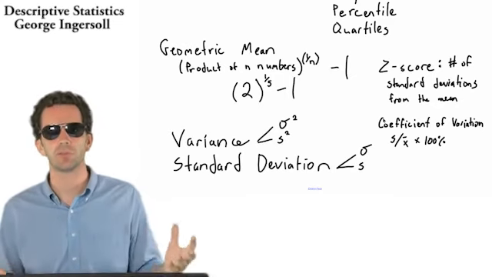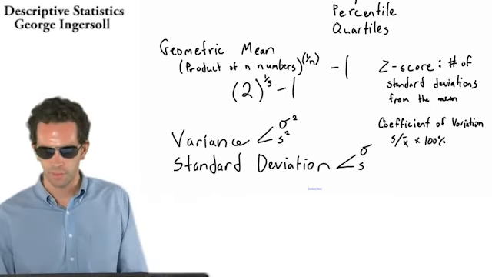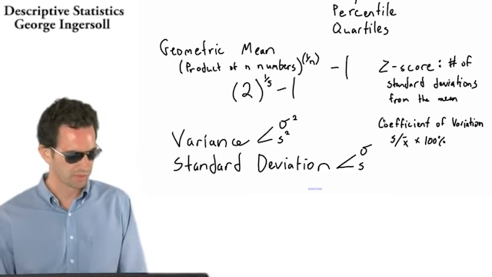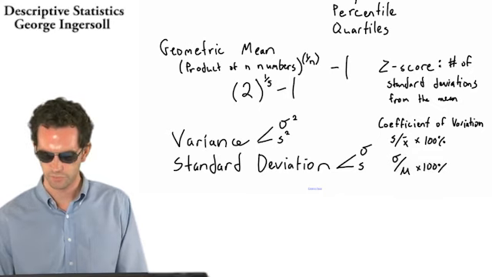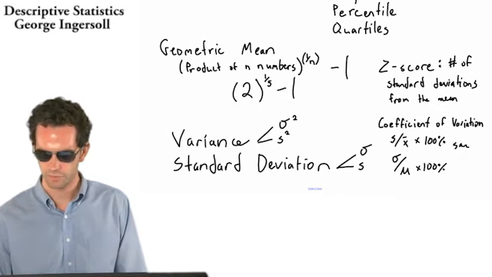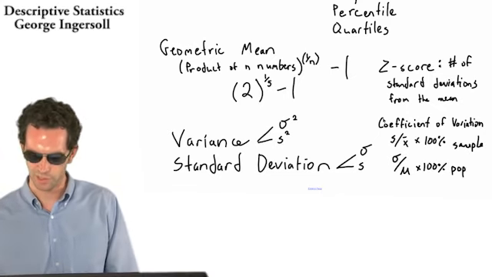Larger means there's more variability in the data. And if we're talking about populations, of course, it's going to be different symbols, but the exact same concept. So this is sample. Not a great job writing that. And this is the population.